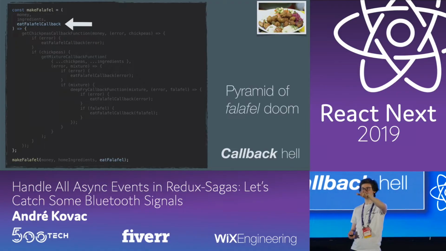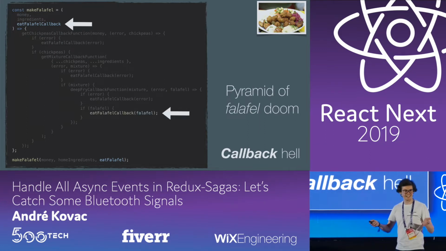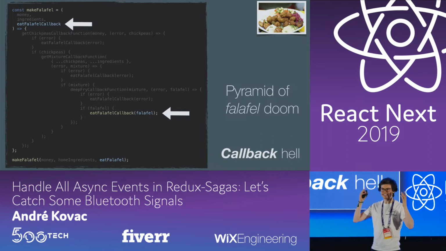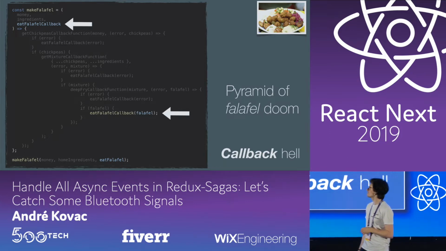It's the order we want. But somehow when we use callbacks, we first have to put up there as a callback the eating of it, and then later we make the whole thing, and then somehow it pops up as a callback again. So it's really hard to reason about code that uses callbacks a lot.